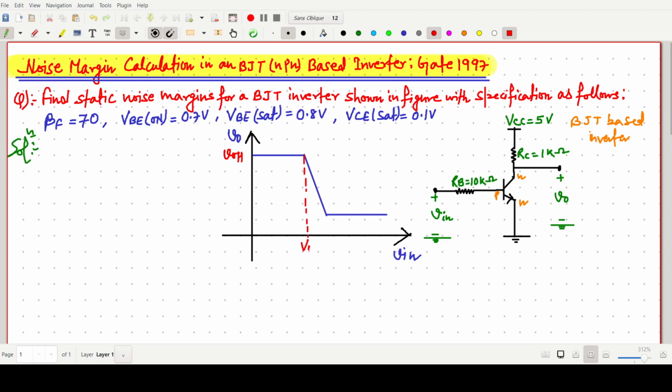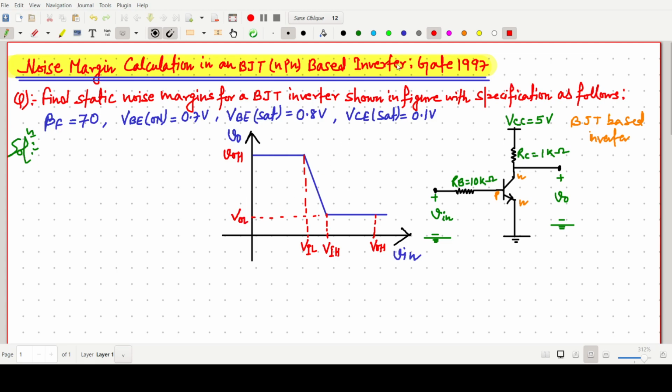This point is our VIL, input low voltage, and this point is VIH. For a high input voltage, the output will be low. This point is VOH, and for a very high input voltage, this value we will consider as a low value.